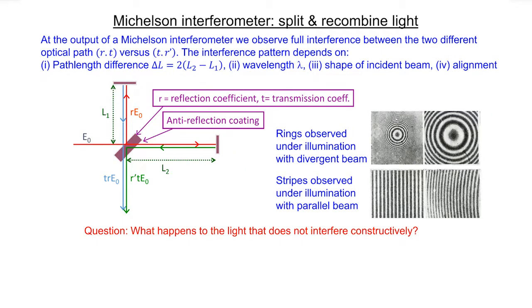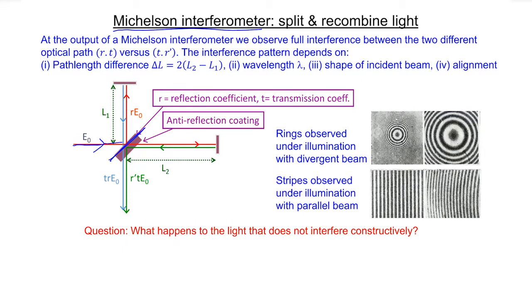As a final example of interference, we'll consider the Michelson interferometer, an interferometer which again is based on the splitting of the amplitude of the light. And the story is as follows. In a Michelson interferometer, you have an incident beam of light incident on a beam splitter.